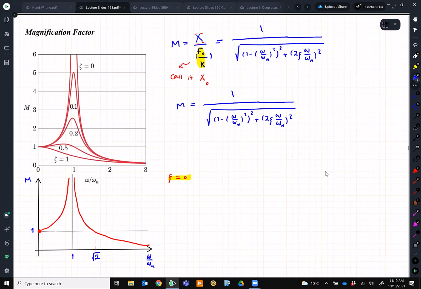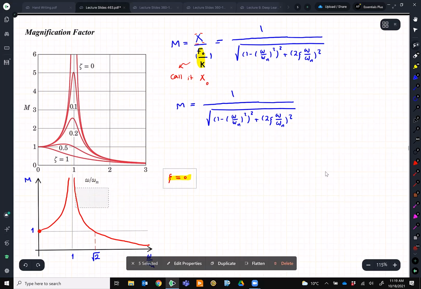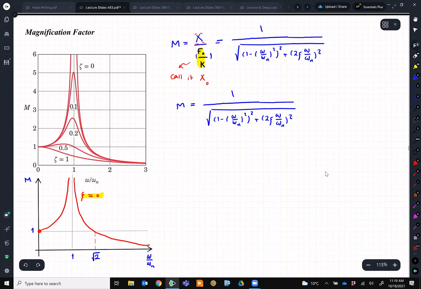Now let's consider the cases when zeta is not 0. So this is for the case when zeta is equal to 0. All right. So for simplicity, let's call omega over omega n r. Just different parameters.